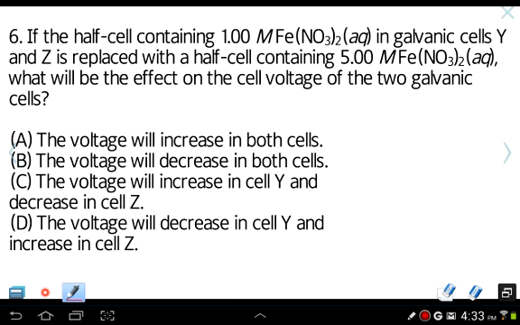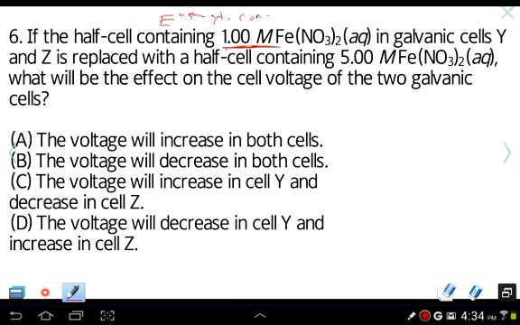And finally, we're going to be changing some concentrations and asking about the voltage. Now, here it says if the half cell containing the iron... Remember, anytime you have a little naught by a thermodynamic quantity, or in this case an electrochemical quantity, this means that we are under standard conditions.